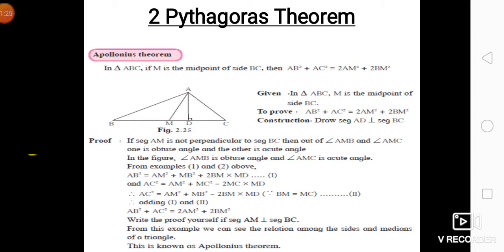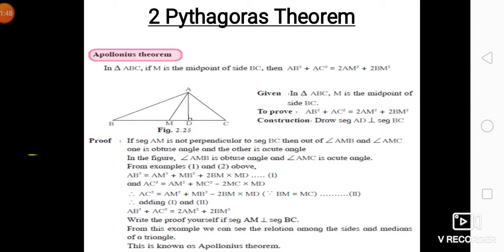In this, AB square is equal to AM square plus MB square plus 2BM into MD. This is equation 1. And AC square is equal to AM square plus MC square minus 2MC into MD.